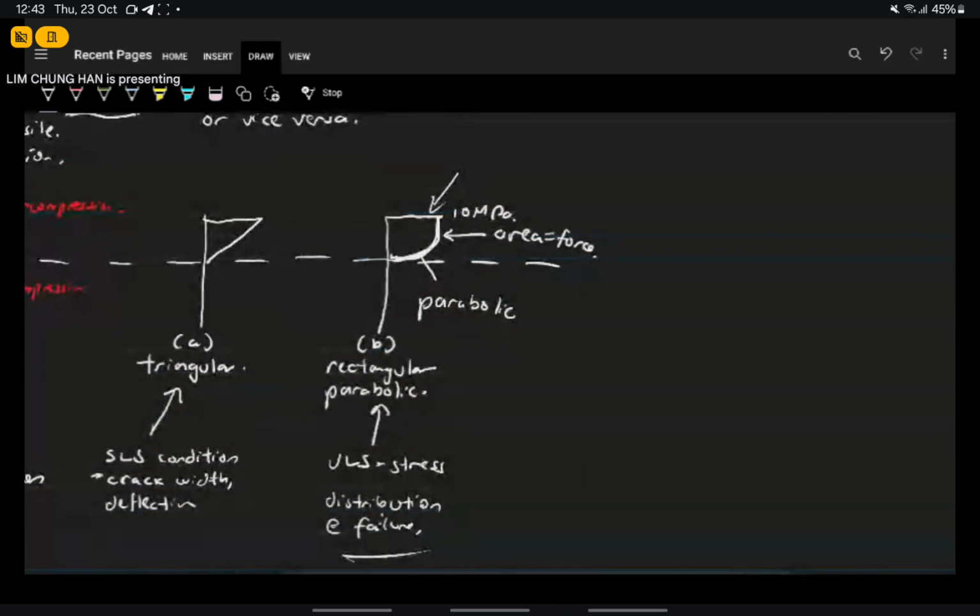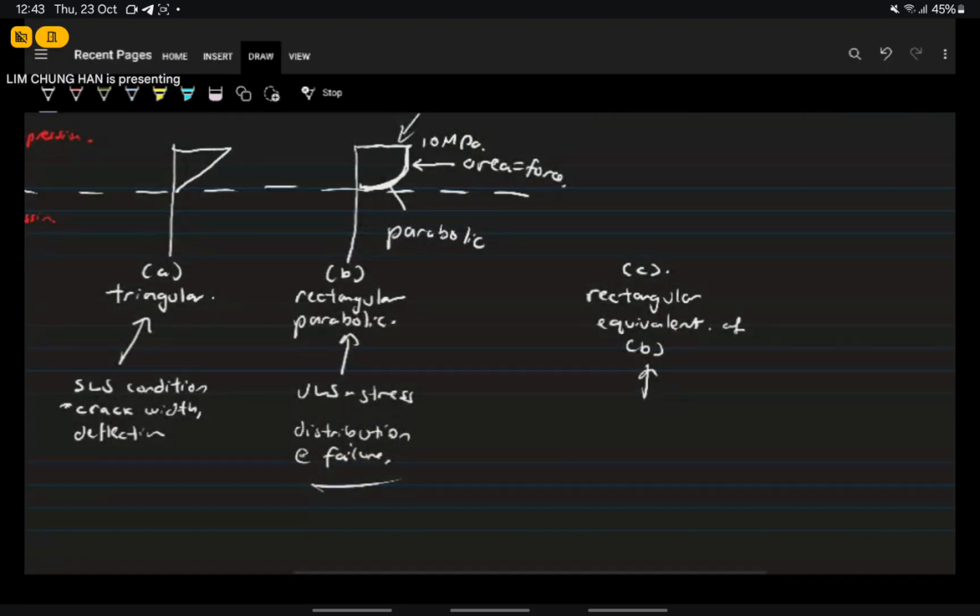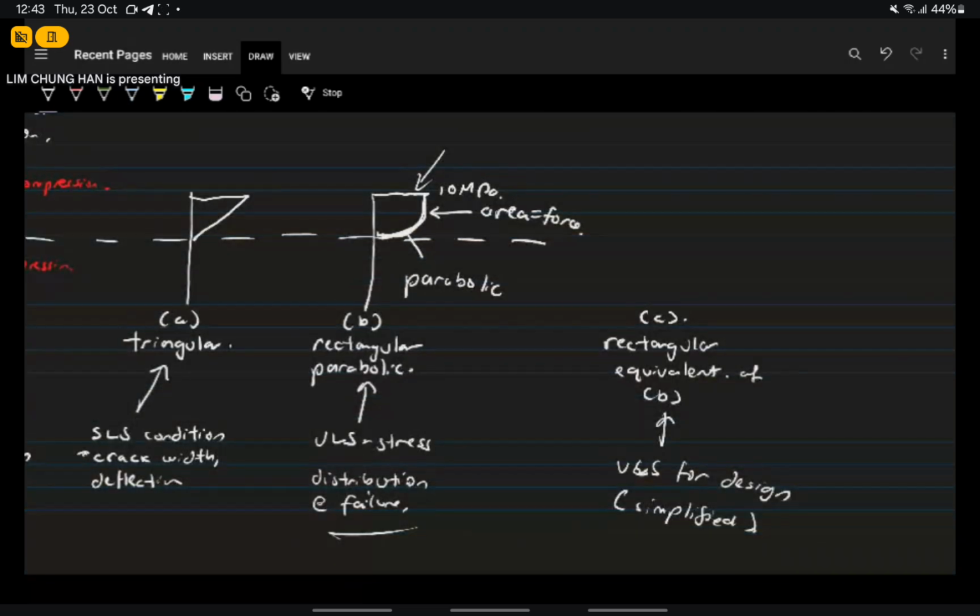So what they came up with then is a third one, C. A rectangular equivalent of B. So this is also ULS, but for design. They simplify this parabolic one so that you can use it in design.